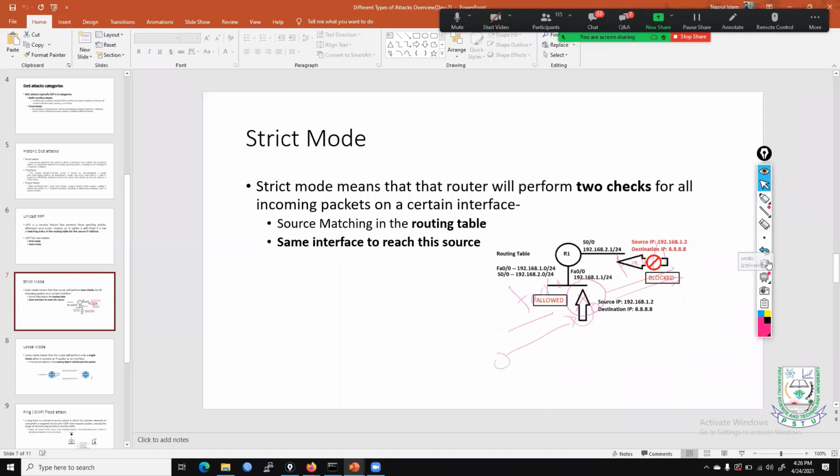Let's look into an example. This is the router, with IPs 192.168.2.1 and 1.2.